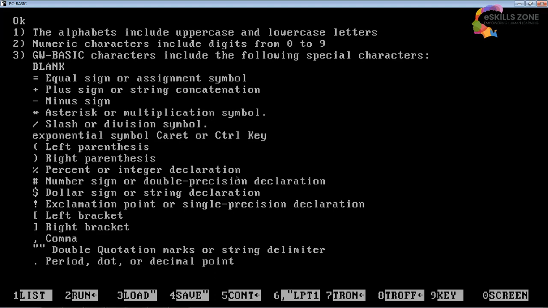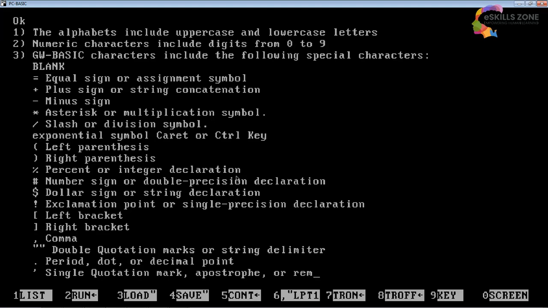And the next one is this, called single quotation mark, also called apostrophe.